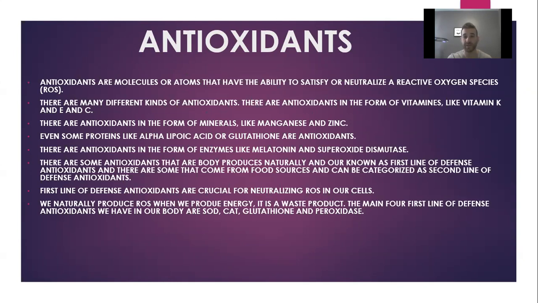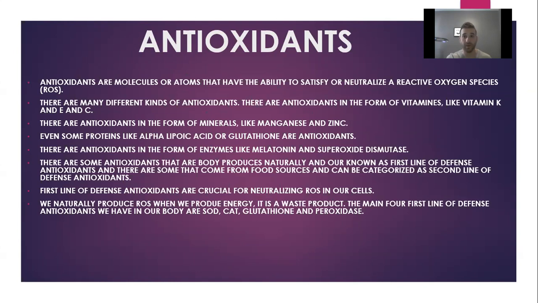The main four first line of defense antioxidants we have in our body are SOD, which stands for superoxide dismutase, CAT, which stands for catalase, glutathione, and peroxidase. These are four different kinds of antioxidants that our bodies naturally produce, and they're considered first line of defense antioxidants.